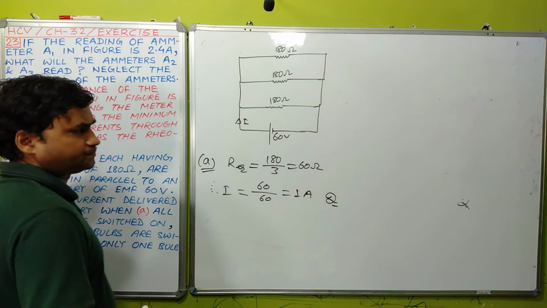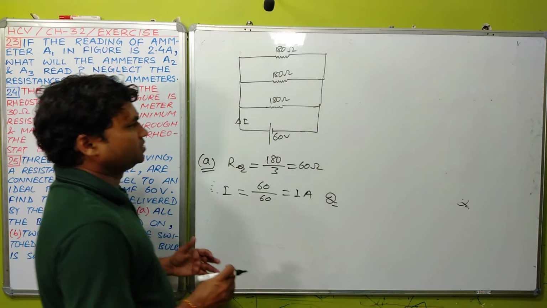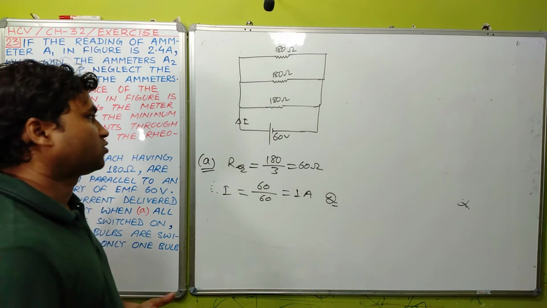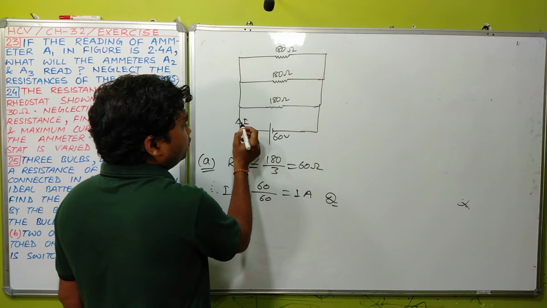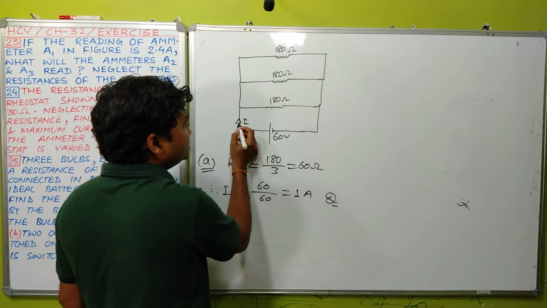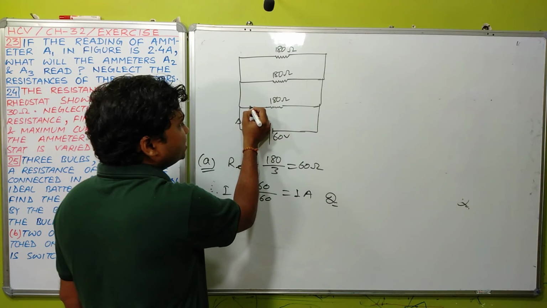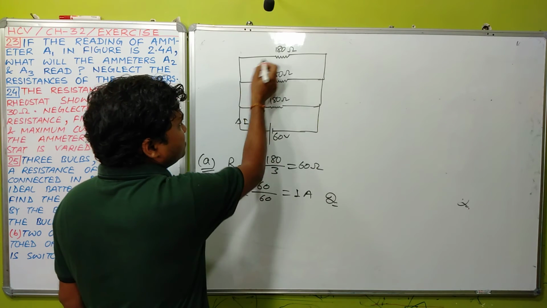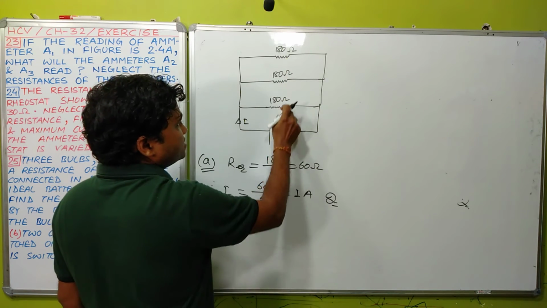Okay student, now you can also in fact use Kirchhoff's voltage law for solving this question. For this you will have to distribute this current, and the current will be distributed equally among all these 3 sections because the value of each resistance is the same.